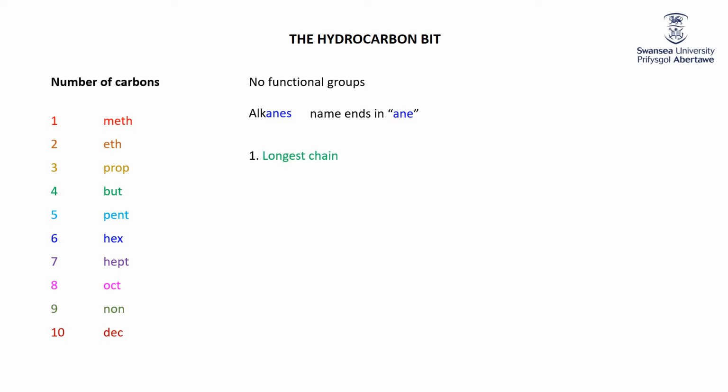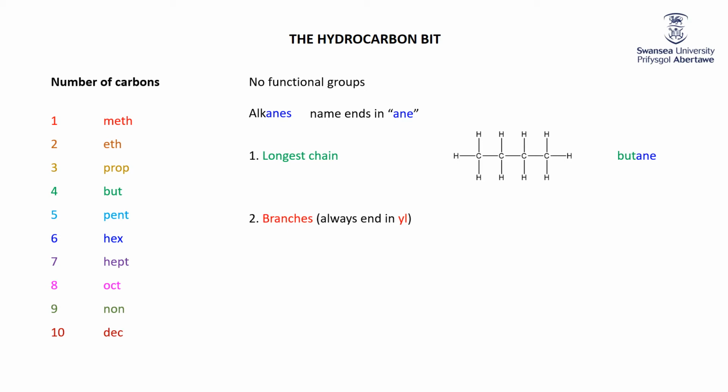So the first thing we do is find the longest chain in a molecule. For example, this one here, what's the longest chain of carbon atoms? 1, 2, 3, 4. It's got all carbon-carbon single bonds, which makes it an ane, and it's got 4, which makes it a butane. So butane, as I know you've seen before, 4 carbon atoms, all in nice single bonds.